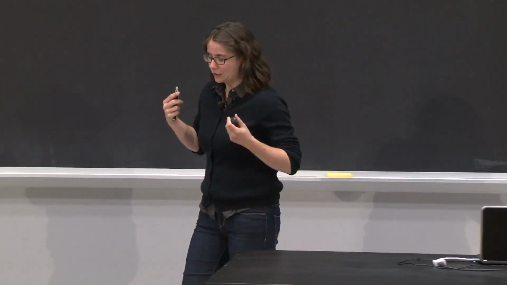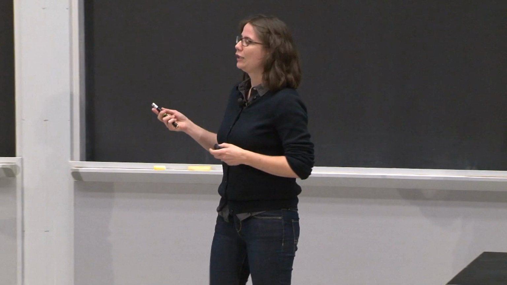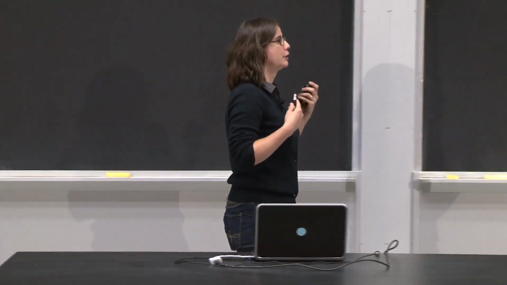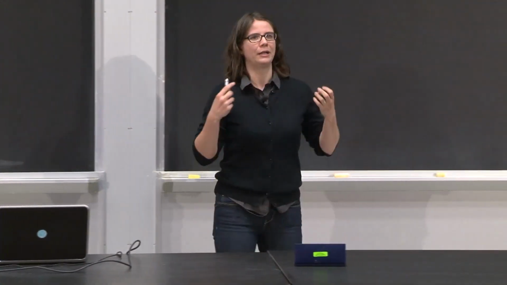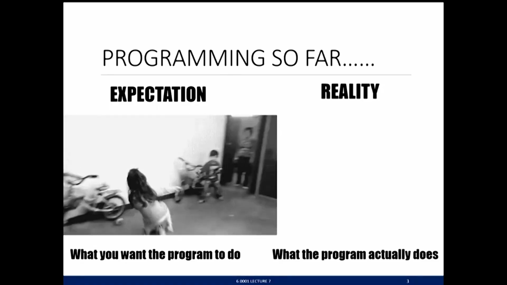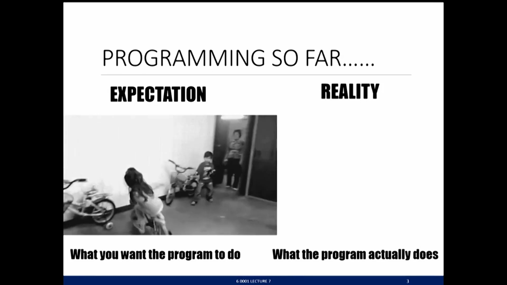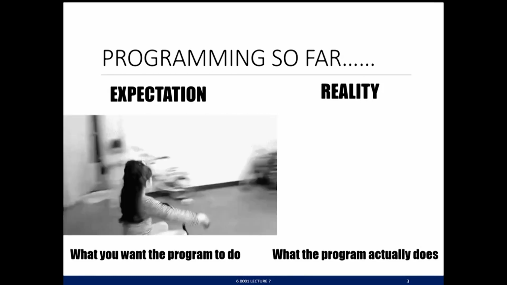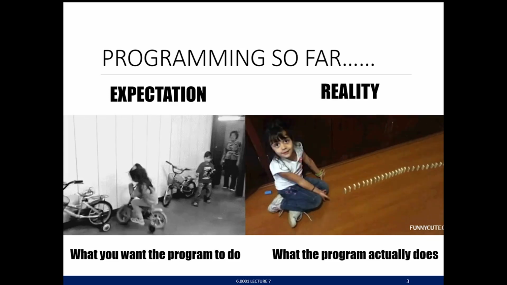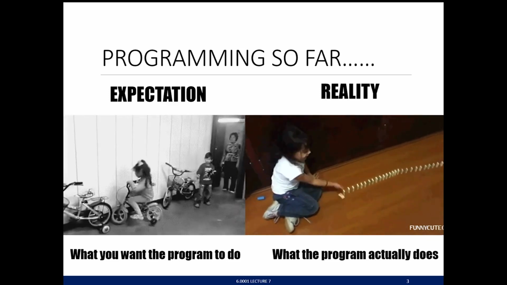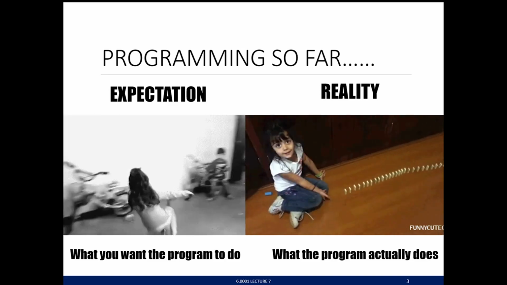Okay, so let's talk a little bit about programming so far in 6.0001 or 6.00. You expect that you write a program, you maybe do a little debugging, and you run the program and it's perfect, right? You just nailed it. But in reality, you write this really complex piece of code and you go to run it and it crashes, right?